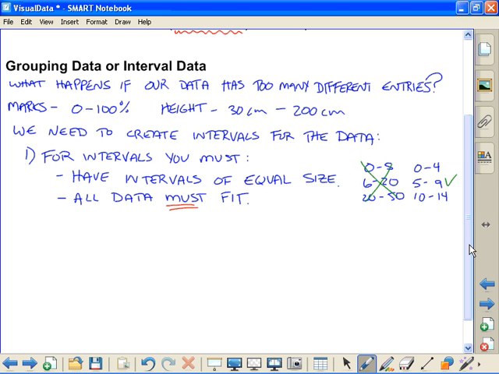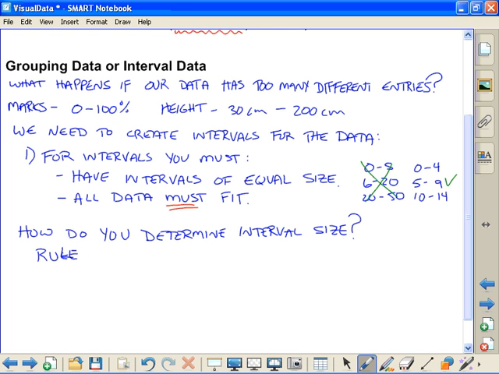So how do you determine interval size? The rule of thumb is 5 or more intervals.